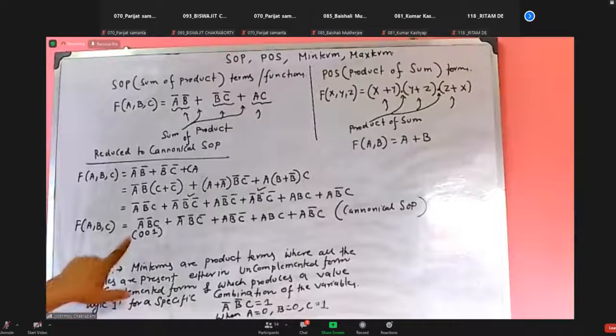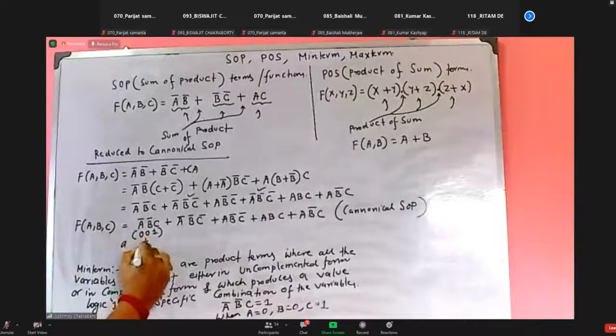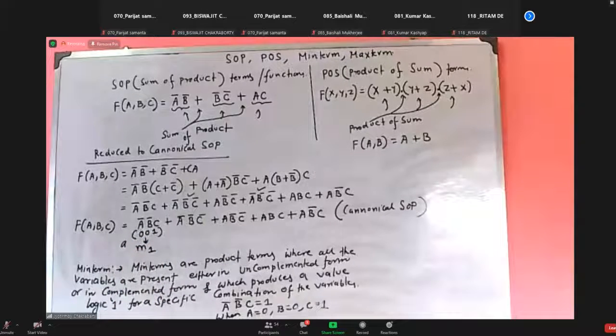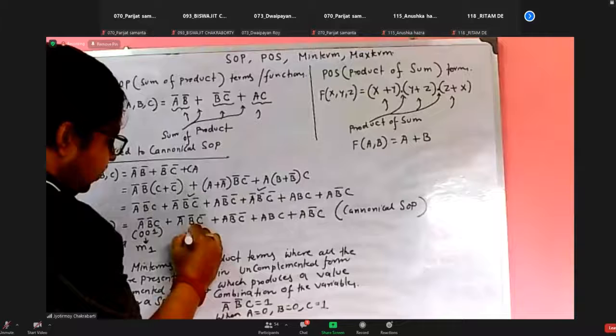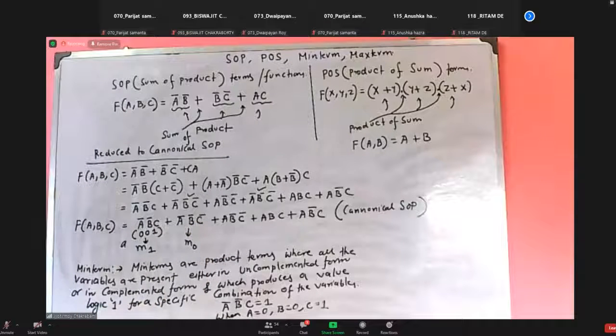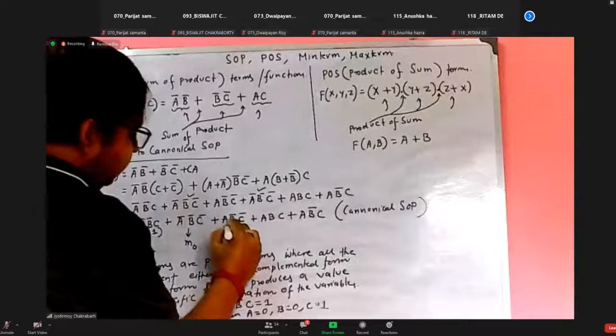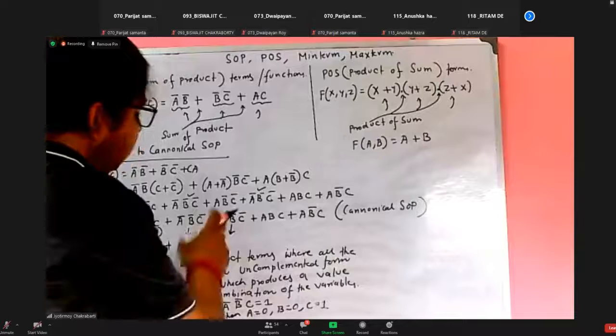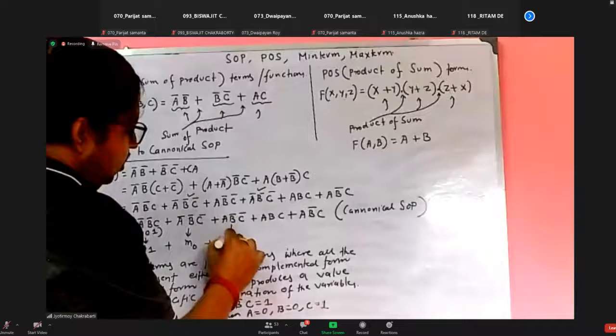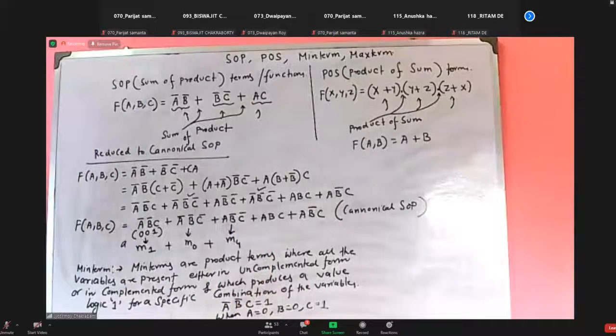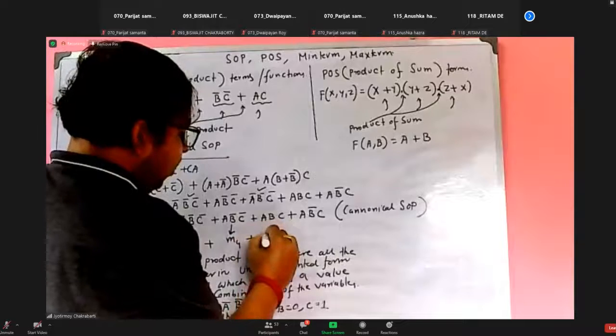So this minterm is represented by M suffix 1. পরের minterm টা কী হবে? 0 0 0, তিনটেই 0 হবে। So it is M0. ঠিক আছে? তারপর একটা কী হবে? 100 means M4. তারপর এটা কী হবে? 111 means M7.